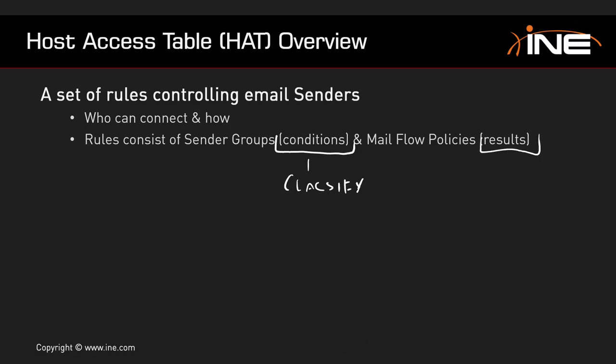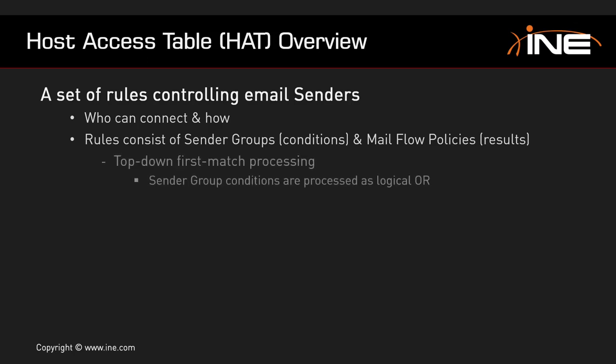So there is going to be a correlation, a one-to-one mapping between a sender group and a mail flow policy. And now the table itself is going to be processed top-down until a match is found. And since you can possibly define multiple conditions inside of a sender group, the processing in this case is going to use that mathematical logical OR approach.